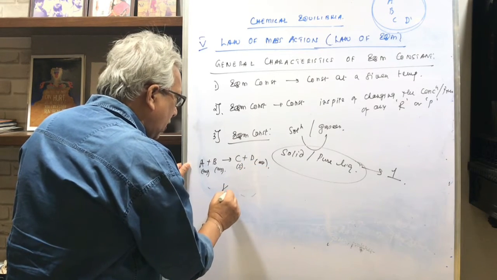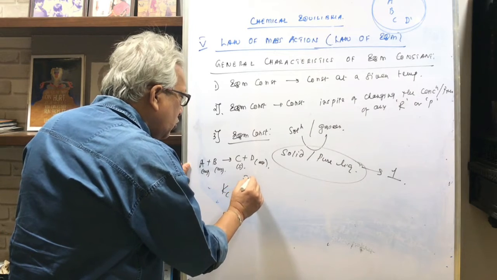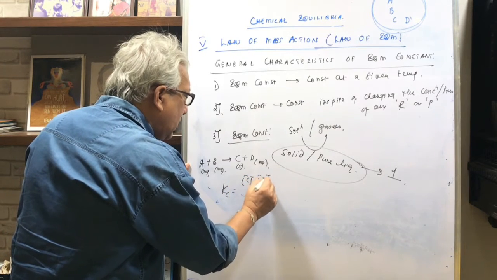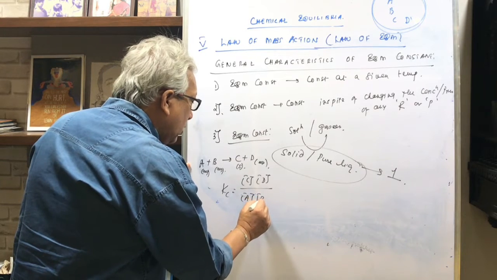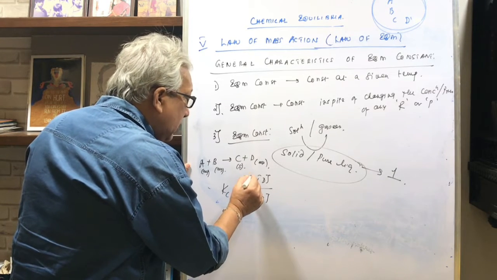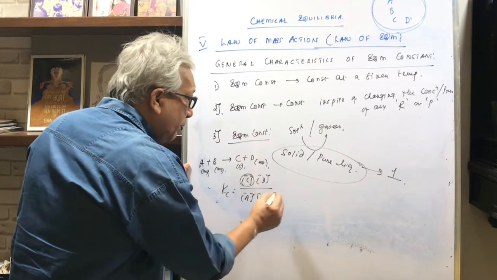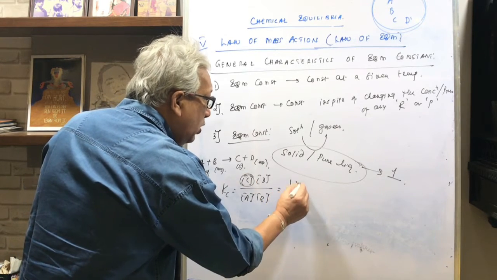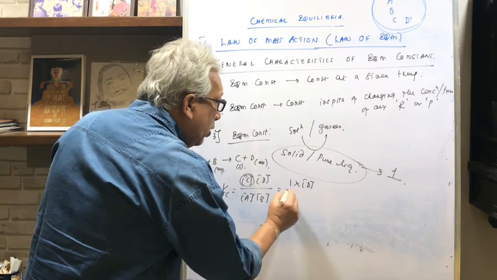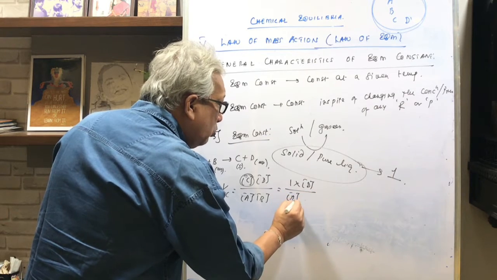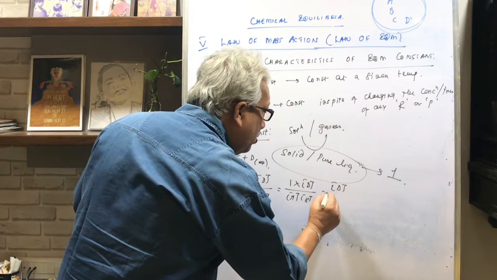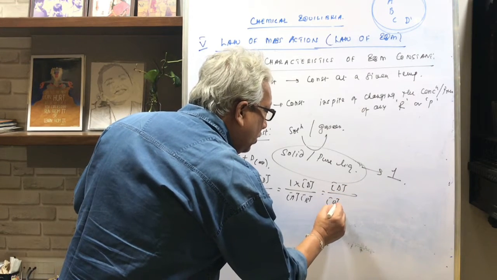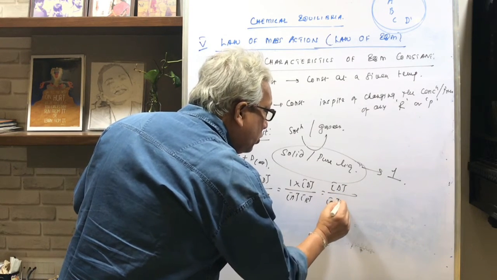Initially we will write Kc is equal to concentration of C into concentration of D upon concentration of A into concentration of B. But this value of C you will take as 1 because it is present as a solid. So it will be 1 into concentration of D upon concentration of A into concentration of B, and that means it becomes concentration of D upon concentration of A into concentration of B.